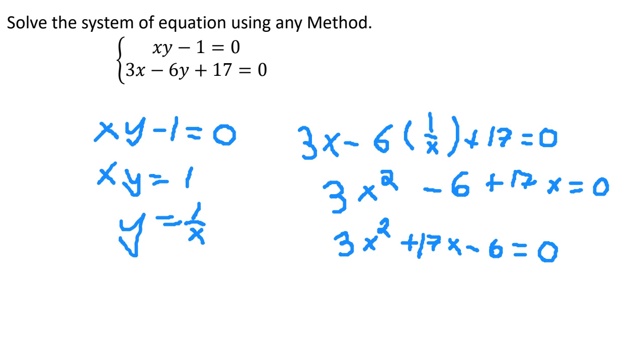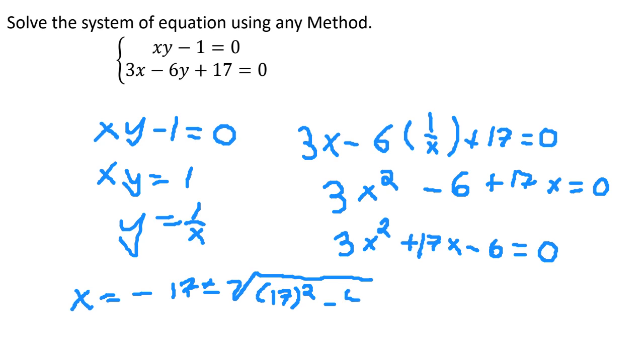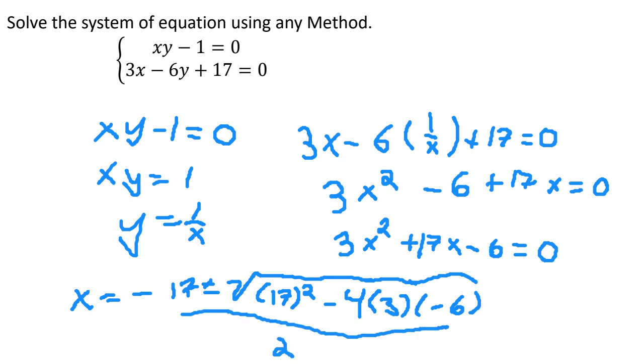So x is equal to minus b, in my case minus 17, plus or minus the square root of b squared, which is 17 squared, minus 4 times a, which in my case is 3, times c, which is negative 6, all divided by 2a, which is 2 times 3.